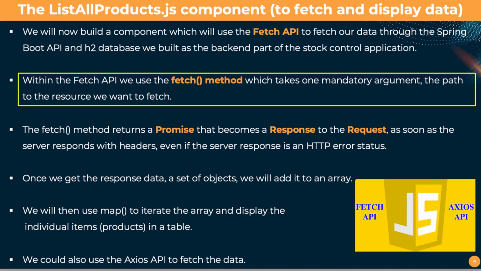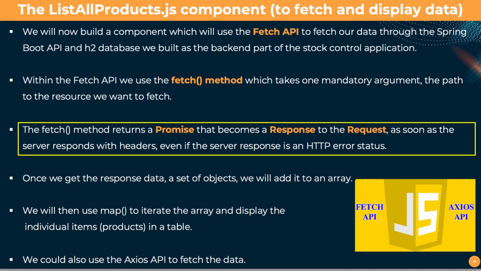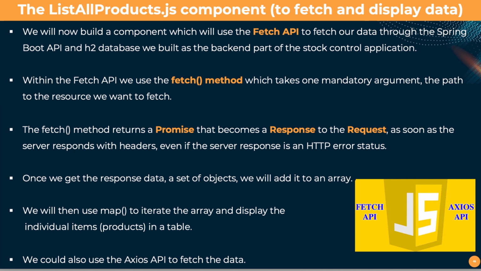Within the fetch API, we use the fetch method, which takes one mandatory argument, that is the path of the resource we want to fetch. And the fetch method returns a promise. That is, it becomes a response whenever we make a request. So we make a request, we wait, and then we get a response.